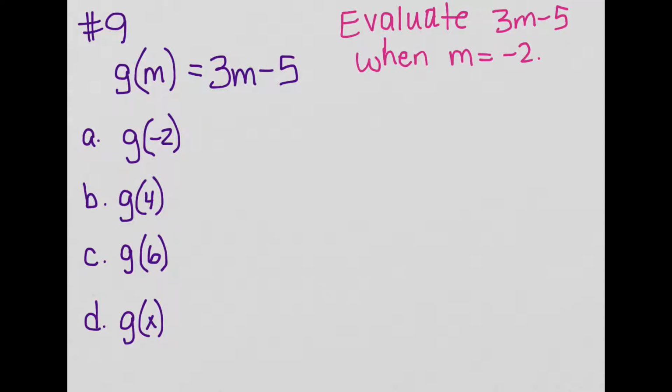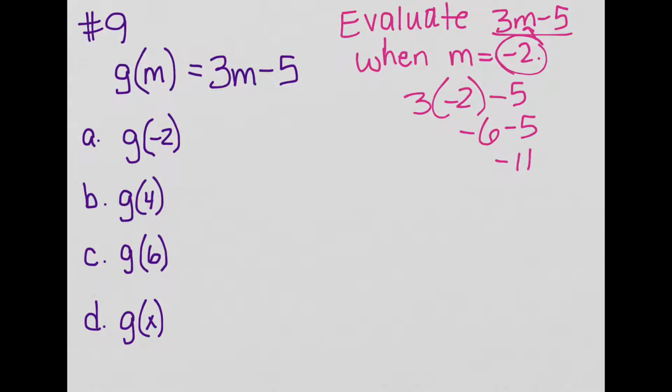Most of you would. Evaluate this expression, and this is what the variable is. So I'm going to take the negative 2 and replace the m. So I would get 3 times negative 2 minus 5. 3 times negative 2 is negative 6. Minus 5 is negative 11. Okay, I did it. I evaluated that expression when m is negative 2.